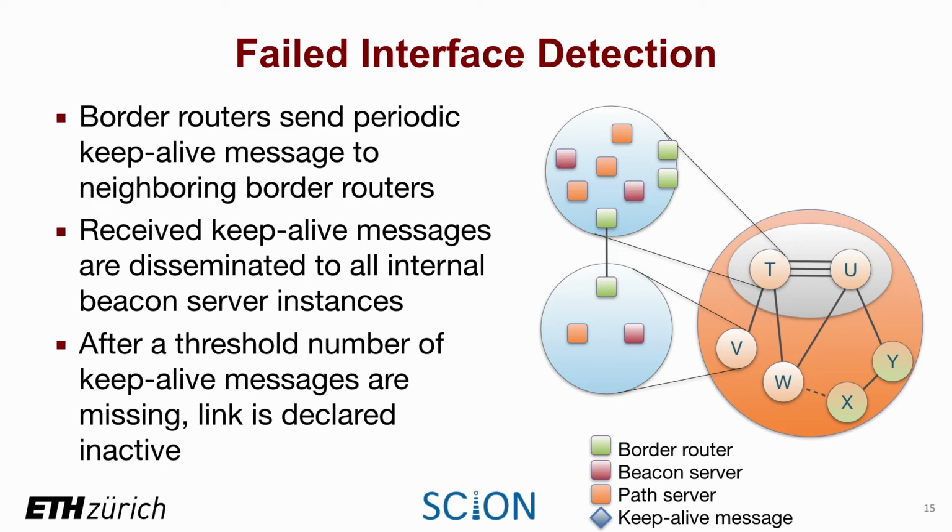Similarly, the upper border router sends its own keep alive message that now the lower SCION border router resends to its own beacon server. And in essence, the way we detect failed links is that beacon servers have a threshold number of keep alive messages that they can miss before they declare a link to be inactive.